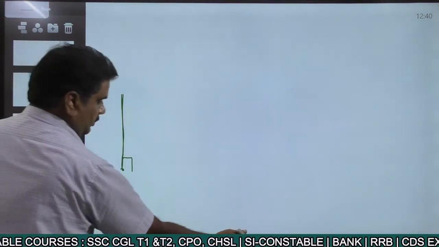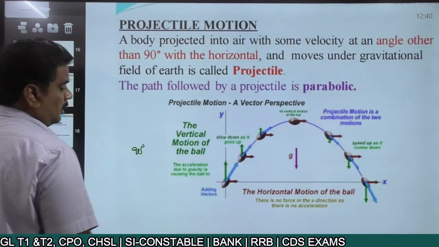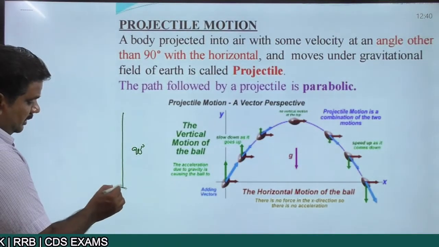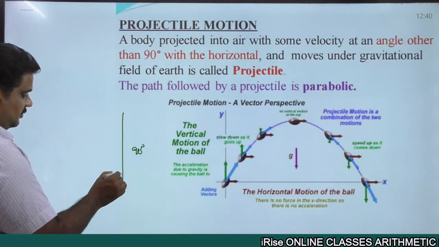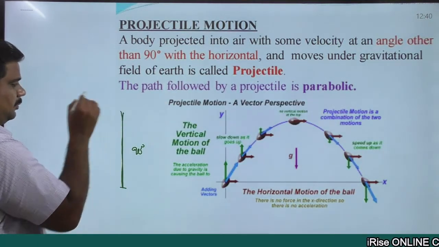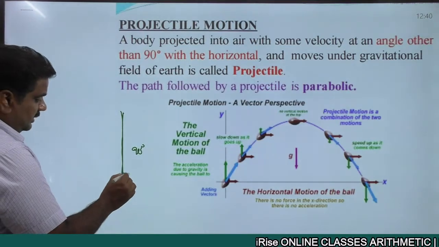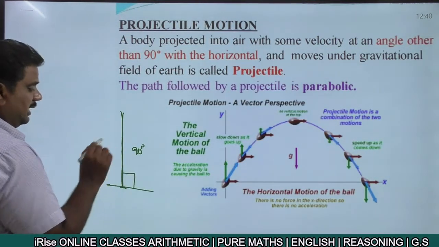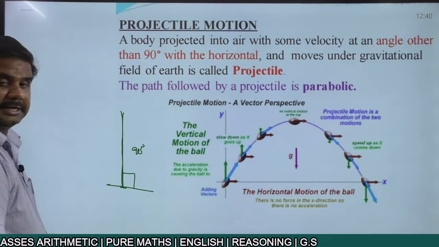Right. Now here, first your object is thrown. This is the case of an object which is projected upwards like this. When you measure the angle between the vertically projected object and the surface, the angle is equal to 90 degrees.